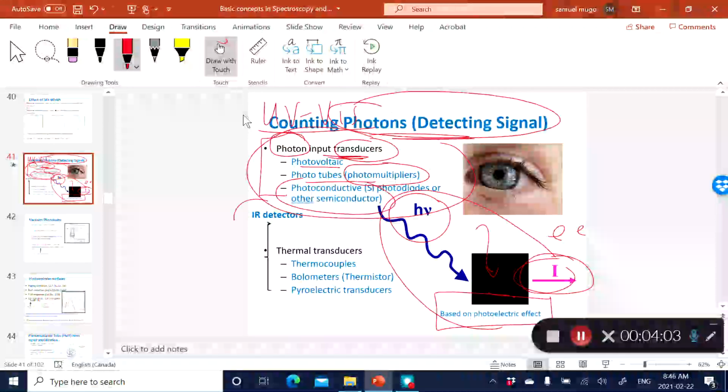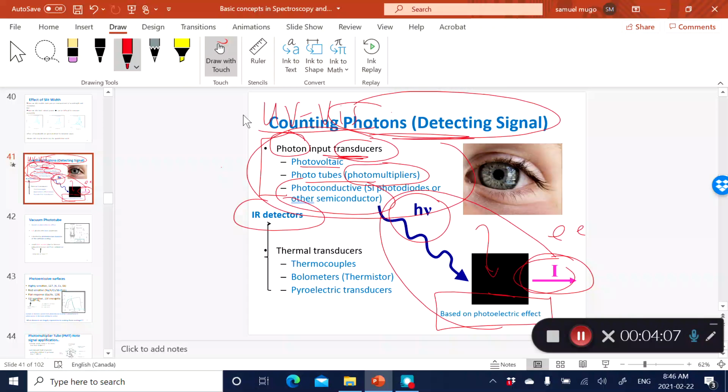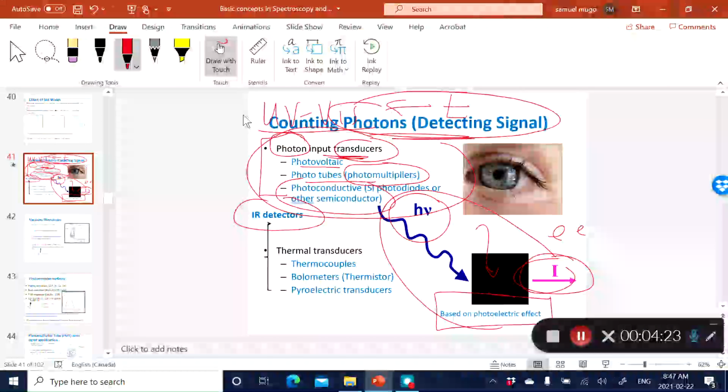Now, for the IR detectors, they are a bit different. And of course, the reason they are different is UV-Vis is fairly energetic. If you look at the type of quantum transitions that are taking place when you take a UV type of electromagnetic radiation and you impinge it on a molecule or an atom, you see that there will be electronic transitions, meaning the valence electrons will be transiting to a higher energy level.